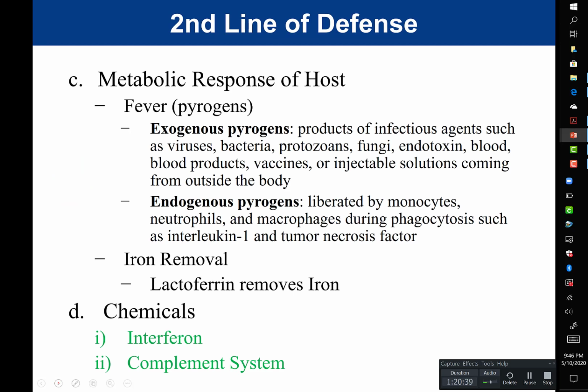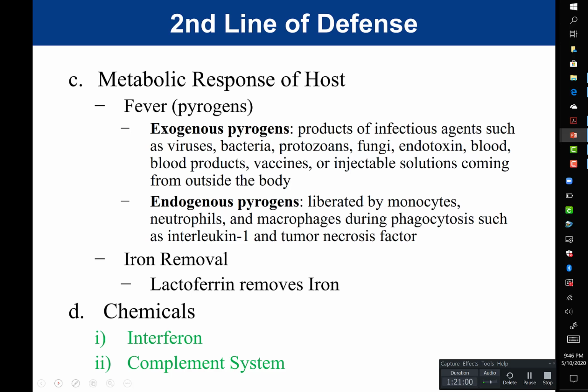So moving along, our second line of defense, right? We just finished talking about our cellular components, so our phagocytes, for example, and our natural killer cells. We talked about inflammation. Now we're going to talk about the metabolic response of the host.